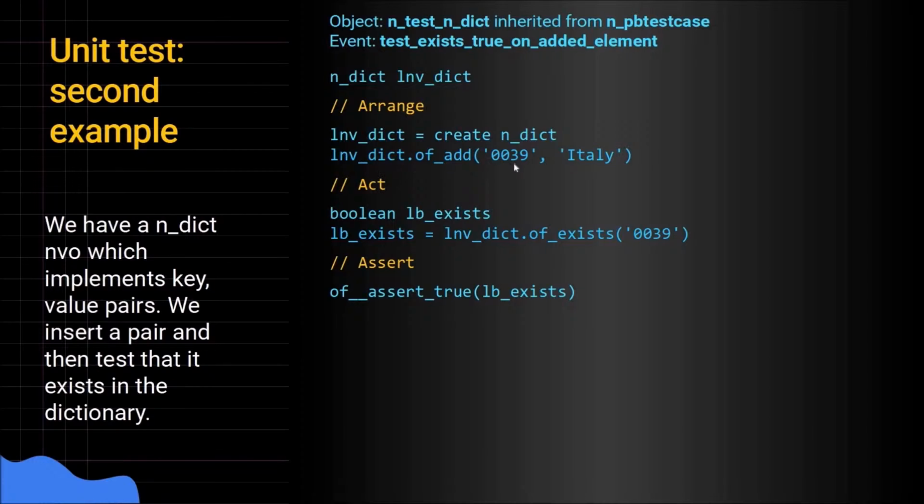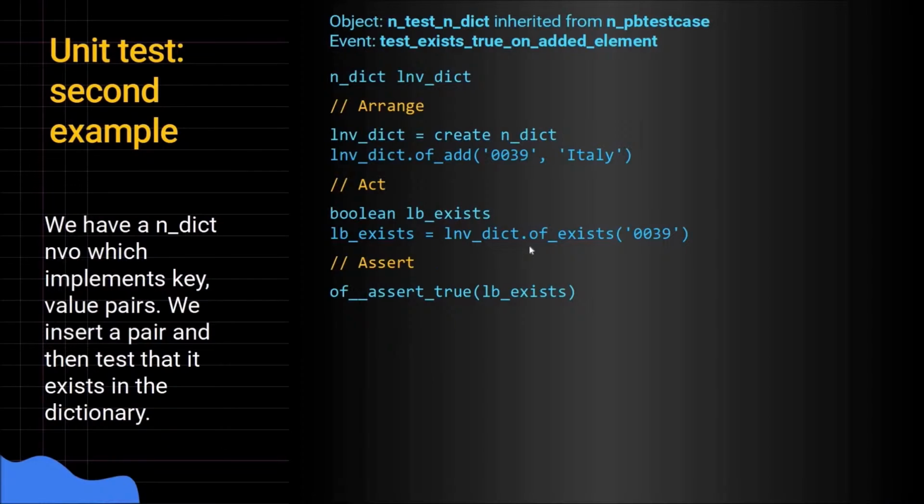We are adding a pair made by the telephone prefix of Italy and the name Italy. So this is the key and this is the value. After we add it, we check that exists returns true for the same key. So we call this function and then assert that it is okay.